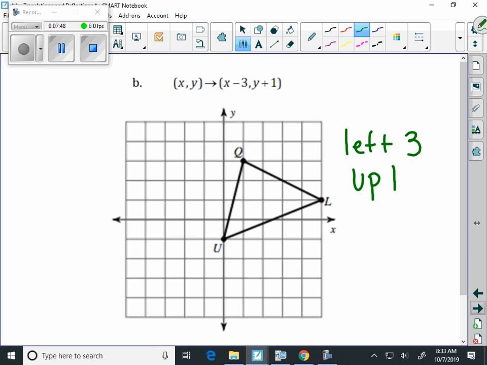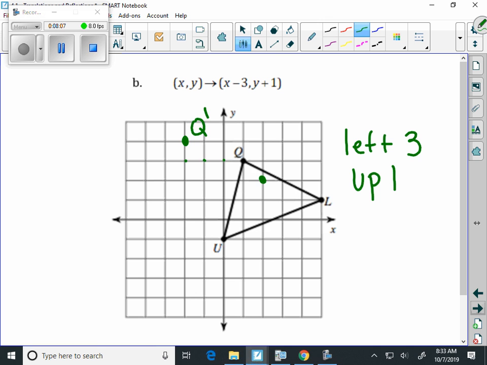Starting with Q, if we go left 3, 1, 2, 3, up 1. Here's our new value of Q. We're going to call it Q prime. From L, left 3, up 1.